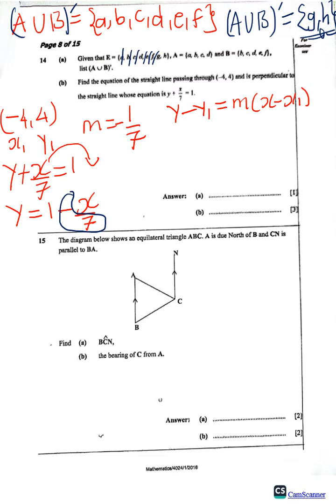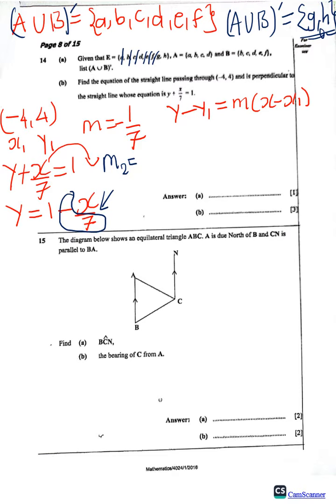Now this is the gradient of the equation that we have been given, which is y plus x over 7. Now we are trying to find the gradient 2, since the condition is that the gradient we are looking for is the one that is perpendicular to this equation. So what you have to do is, if you have gotten the gradient such as this one where we have a fraction, we just have to flip the fraction and change the sign.